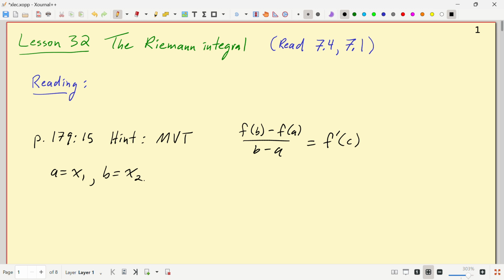Let's see. So, exciting moment here. We're going to shift gears and start talking about integration, and especially the Riemann integral. This course is sort of traditional to do it in a different order, and in fact, that's the way I learned it. 7.4 introduces something called the Darboux integral.